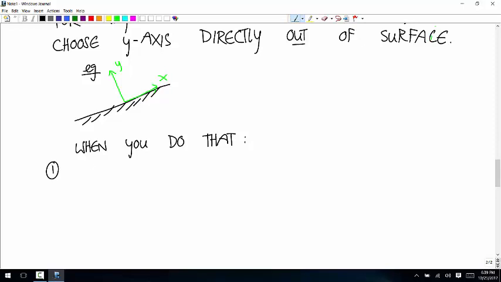The acceleration vector, you can just always represent as a0, because if the thing's sliding and your x-axis is always along the surface, then the acceleration has to be along the x-axis. It'll sometimes come out to be negative, but that'll come out in the math. So you can always just start like this.